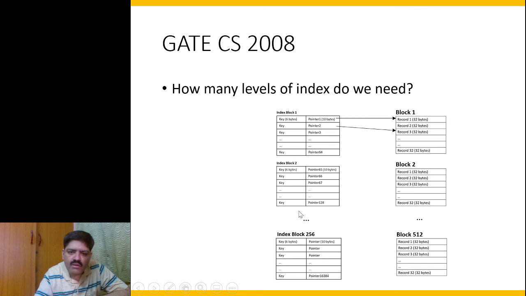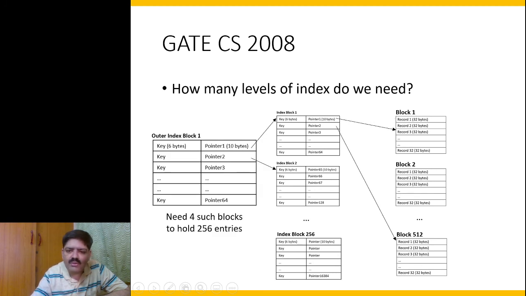Let's say block 1, block 2 up to block 256, and pointer 1, pointer 2 up to pointer 16,384. This is sufficient for me to point to all the records. This is good, but the problem is I still have 16,384 entries over here, so it doesn't achieve a great deal of efficiency.